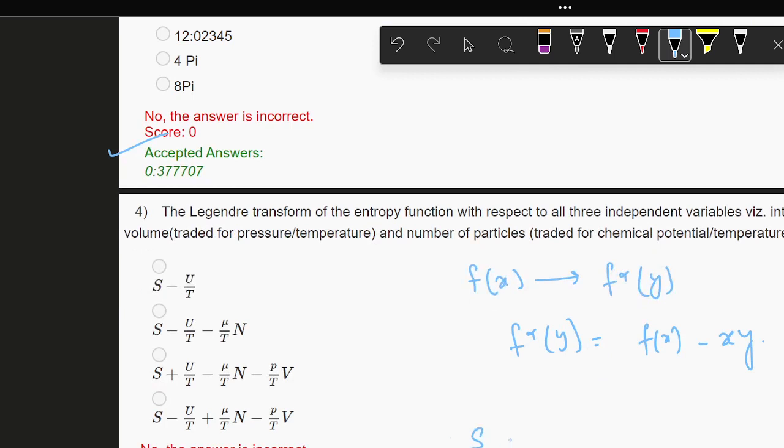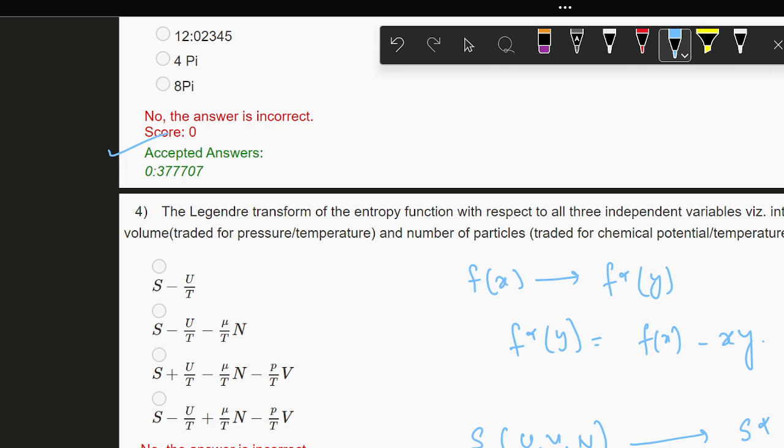Here in our case, your S is a function of the internal energy, volume and number of particles, U, V and N. Now this is your initial function. You have to transform it to A star, where it becomes a function of the conjugate variables of these. Like if you want to change from U, V and N, you have to change it to its conjugate variables.